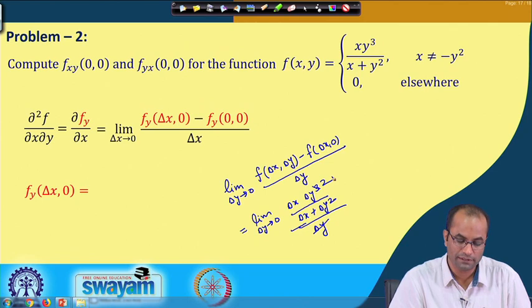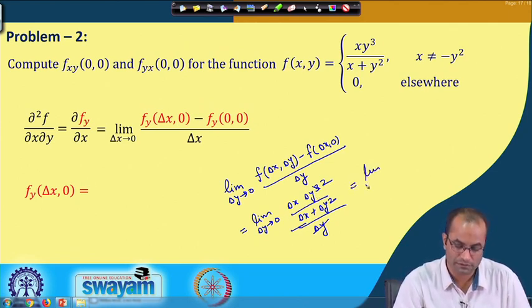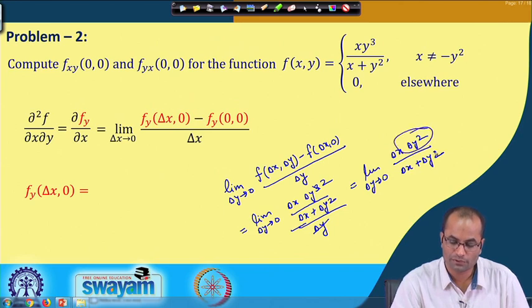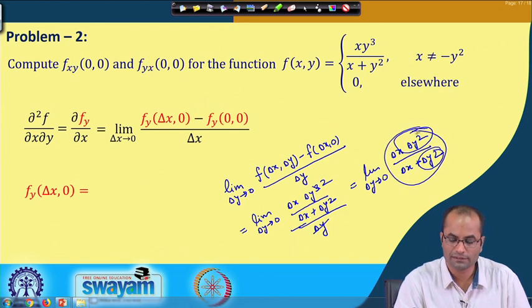Let us write down again, Δy to 0. So, we have Δx Δy square divided by Δx plus Δy square. So, when Δy goes to 0, this term goes to 0, and here this goes to 0. So, you have this limit as 0.